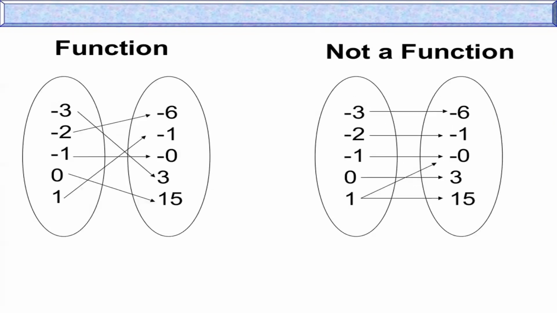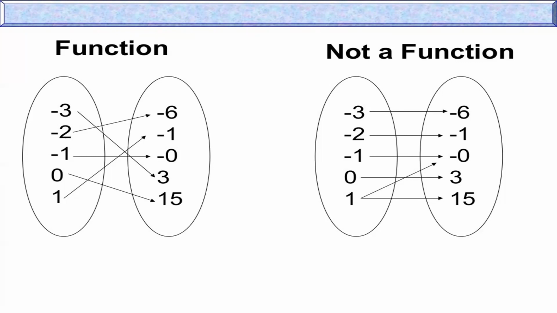So a function example, as you observe: -3, 3; -2, 6; -1, 0; typo, just 0, sorry. 0 and then 0, 15, we have 1 and -1.